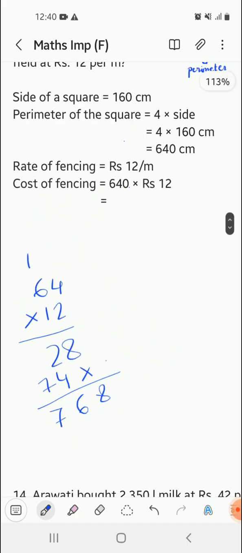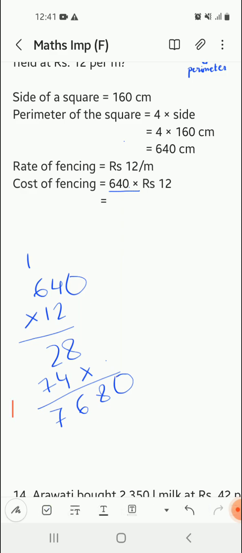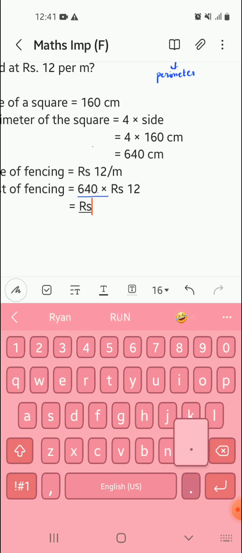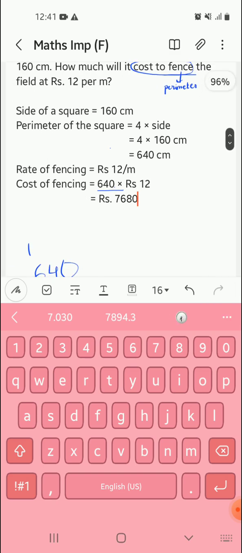So it is 768. We know here it was 640, so there will be another 0, so the 0 will be inserted here as well. So the answer is rupees 7680. Right. Moving on to the next question.